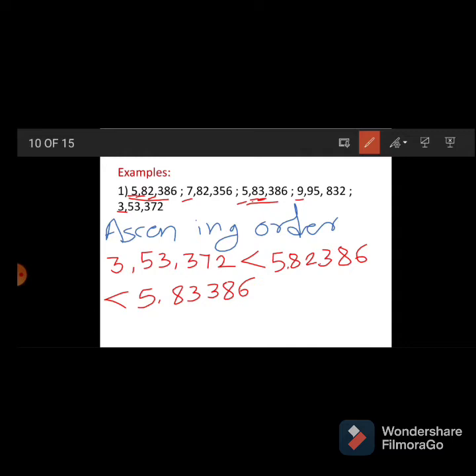Then next 9 and 7, which is smaller? 7 is smaller, which means the next number will come 7,82,356, and lastly will come 9,95,832.